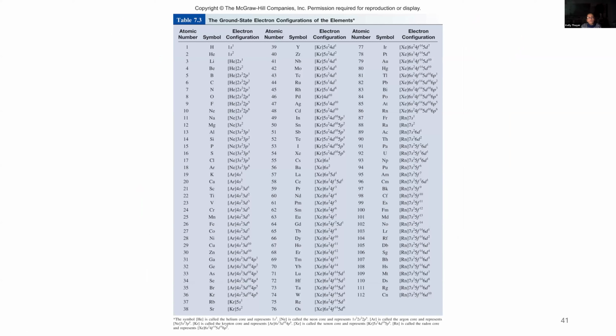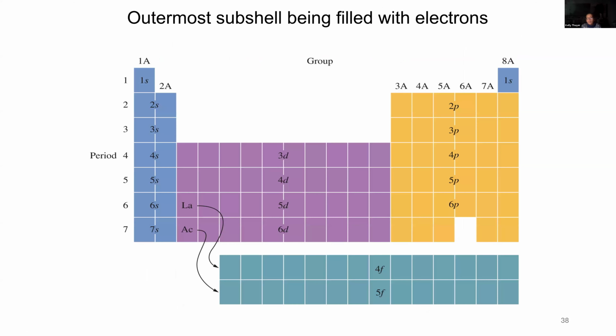So we can see that we could, in fact, write the electron configurations of all of the elements. Now, it gets really arduous writing out the whole thing. So we also have this idea of writing a shorthand. If you take a look at the periodic table again, as we come further down, these are all going to contain the prior information.